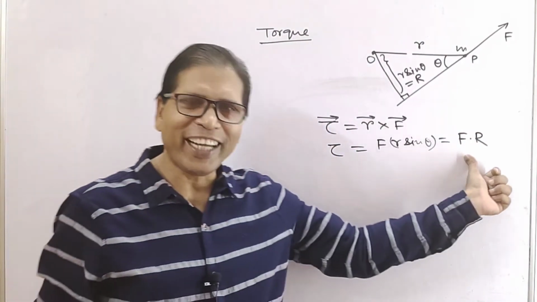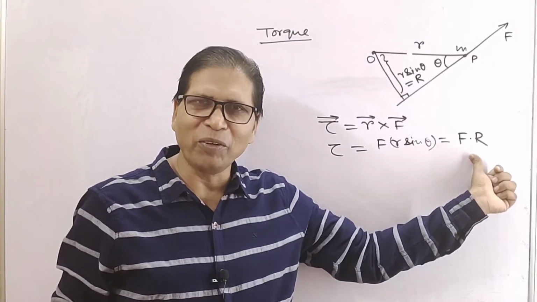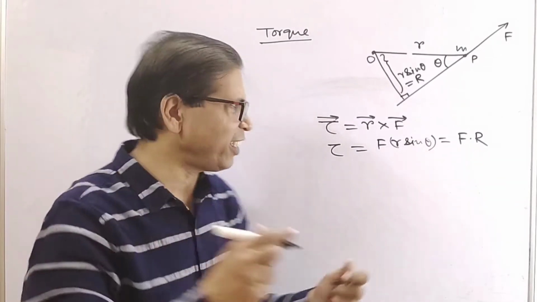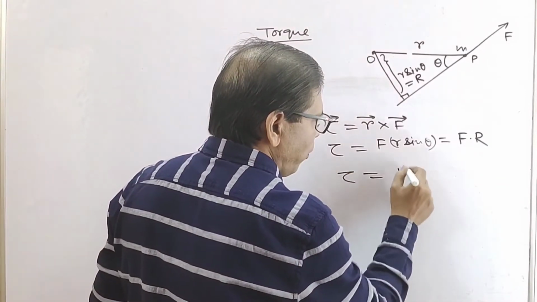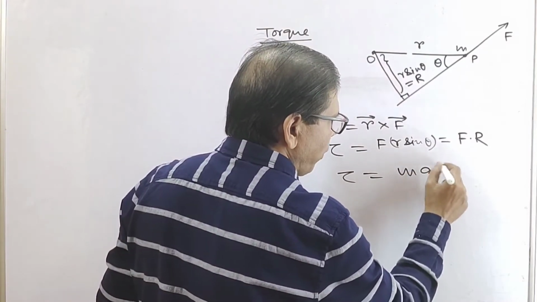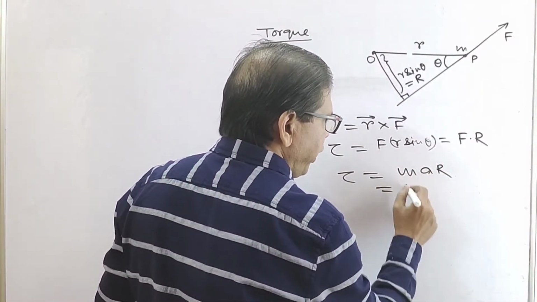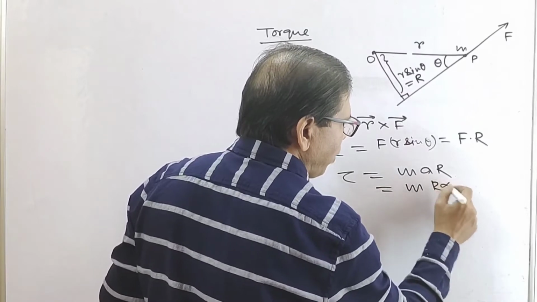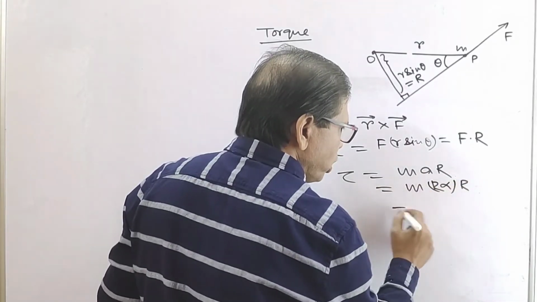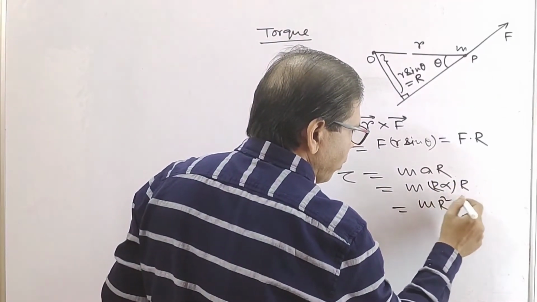Now from Newton's second law of motion, force equals mass into acceleration. So tau equals mass into acceleration into perpendicular distance. Here m, this is r alpha, into r, so this is m r square alpha.